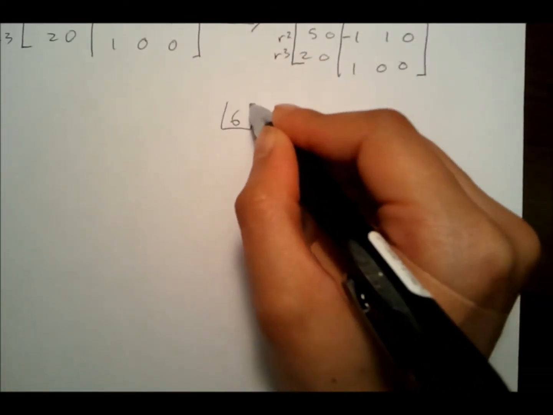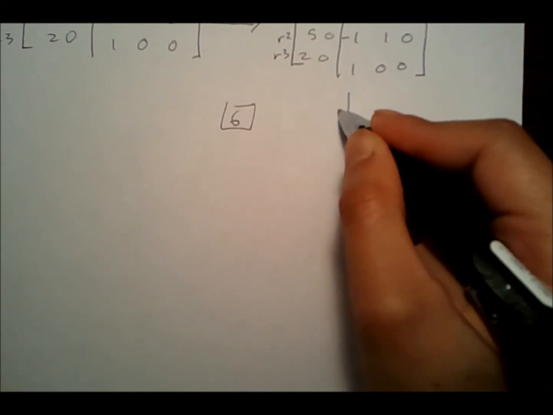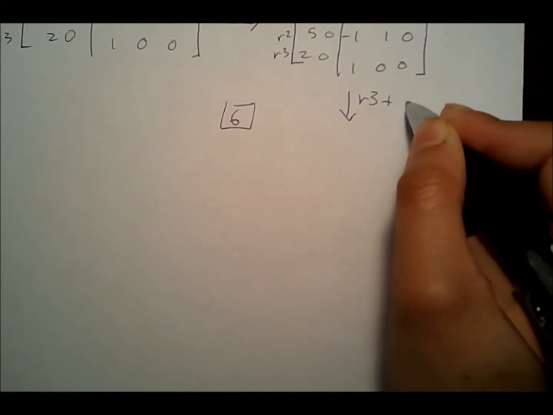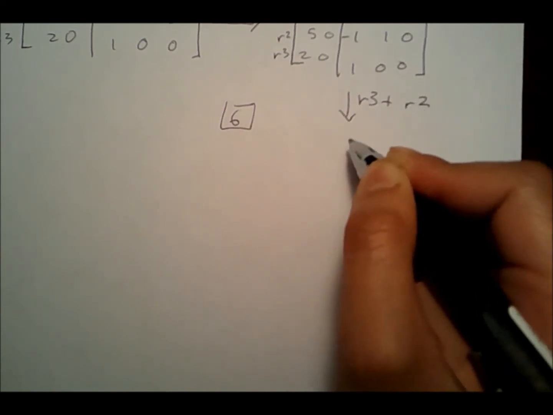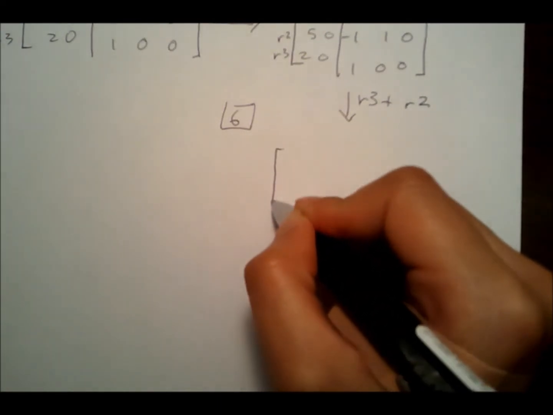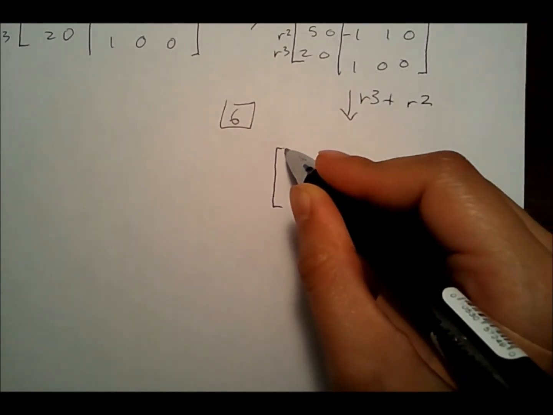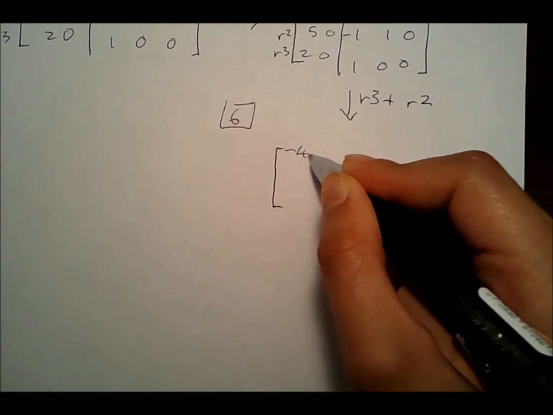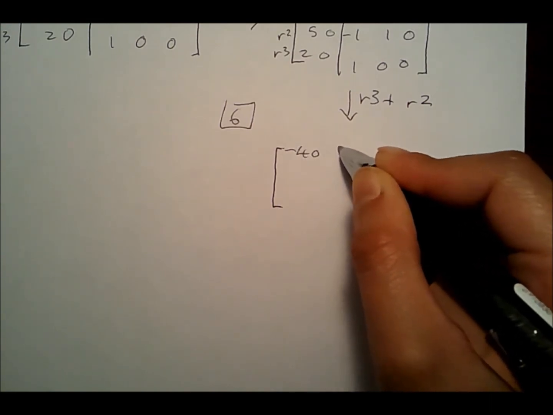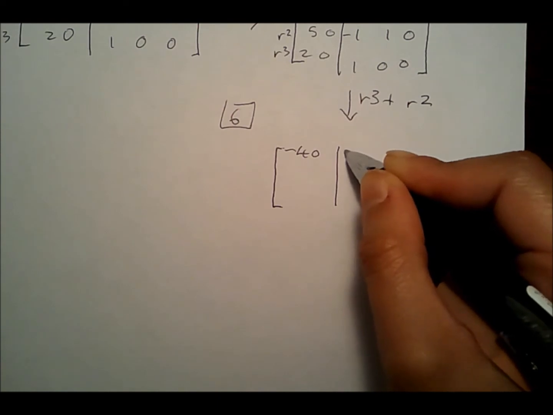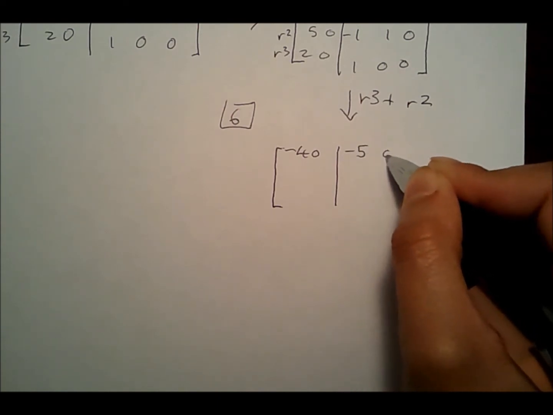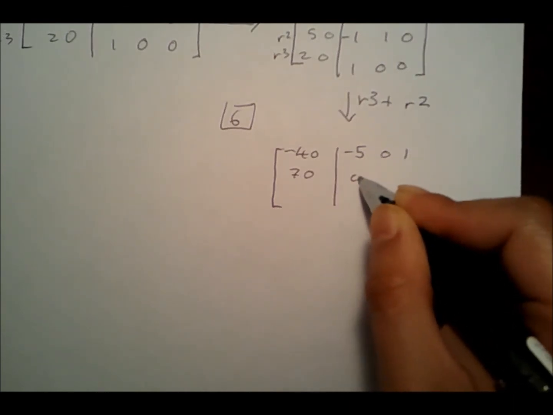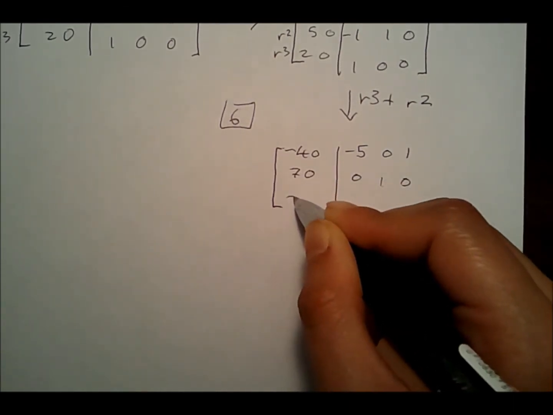Now we're going to see if we can get rid of this negative 1 right here, since if we do that, we'll get that much closer to reduced row echelon form, so we can see what the variables are. So we're going to do row 3 plus row 2, which is going to give us negative 40, negative 5, 0, 1, 70, 0, 1, 0, 20, 1, 0, 0.